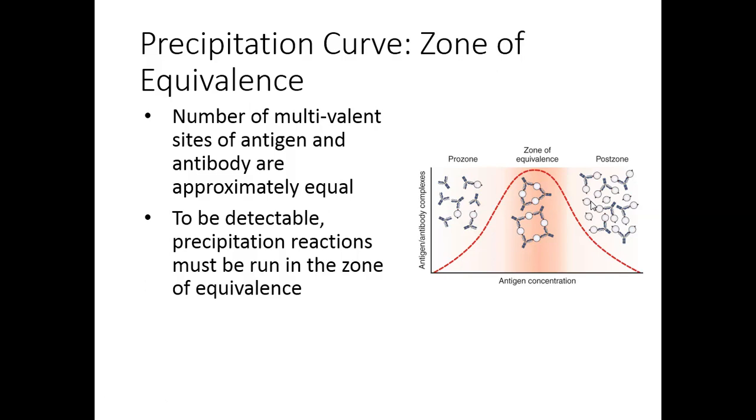So I have 40, is that right? Yeah, I'm going to just pretend it is. 40 epitopes and only 14 FAB sites. Well, there's clearly more antigenic binding sites than antibody.